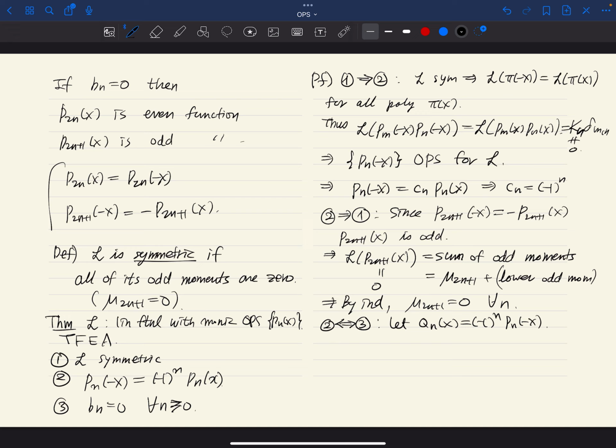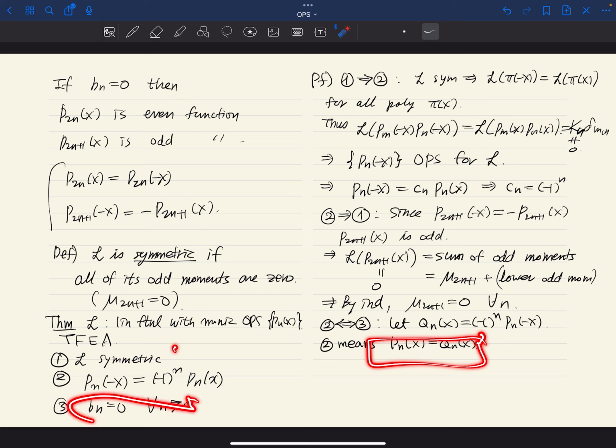So 2 means P_n(x) equals q_n(x), right? In other words, to prove this, we need to show that this is equivalent to this. This is what we want to show.